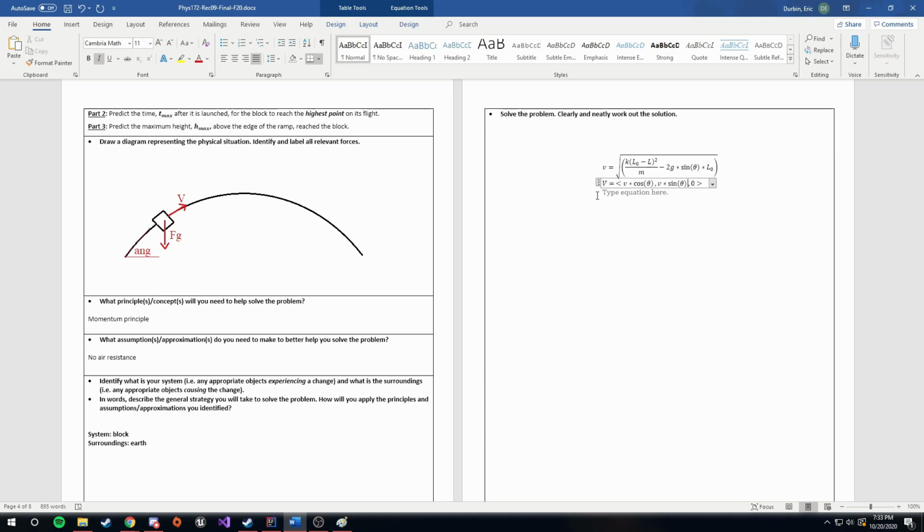So it'd be mass times gravity times t, or would it just be gravity times t, whatever, equals v sine theta. And so we divide v sine theta by mass gravity, and that'll give us time. But I was trying to find a way to actually get an equation or something like that.